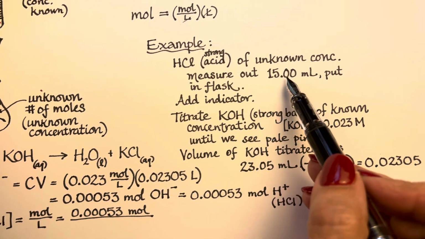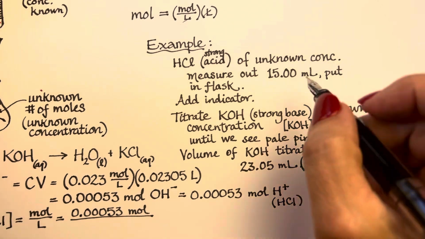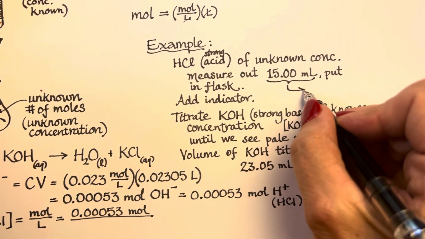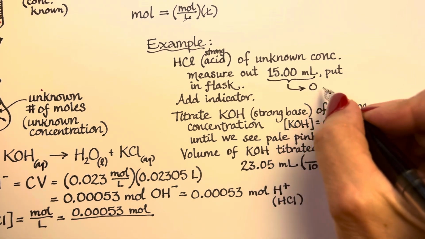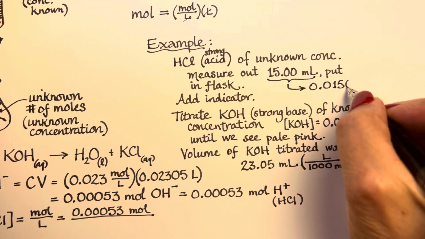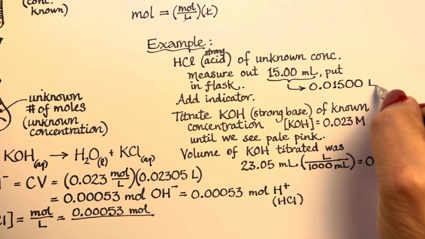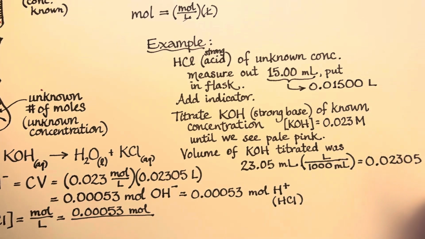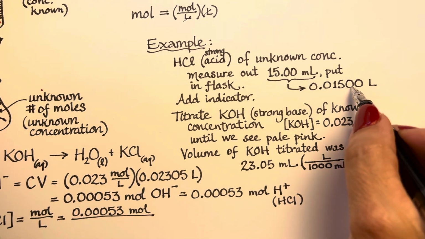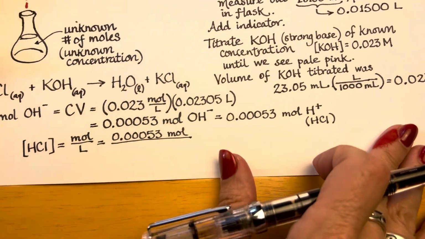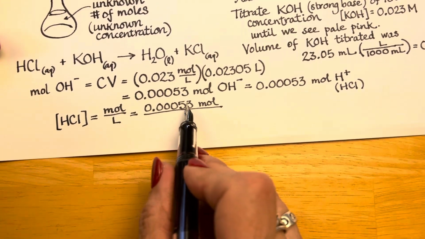So with 15 milliliters, we can convert this to liters. And when we do that, we would get 0.01500 liters. These are significant figures, but again, we're going to be limited right here by these two.